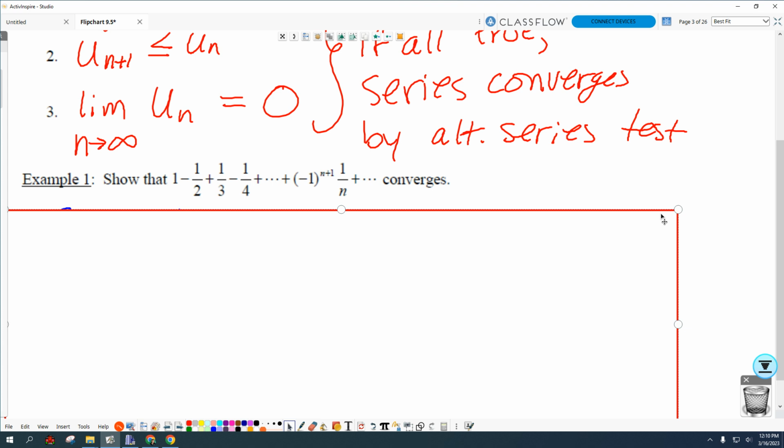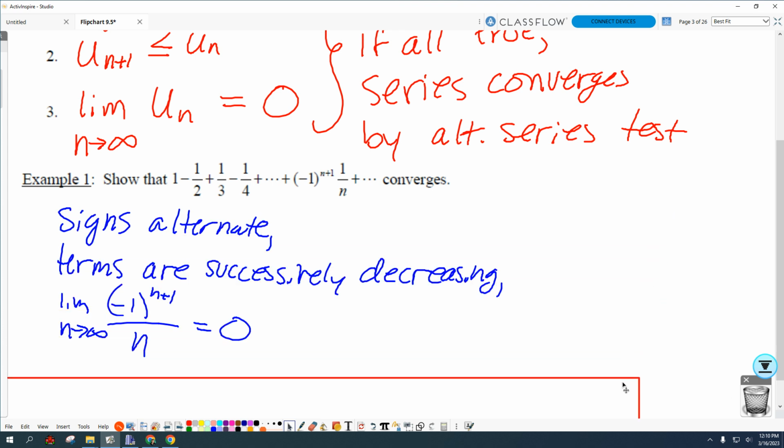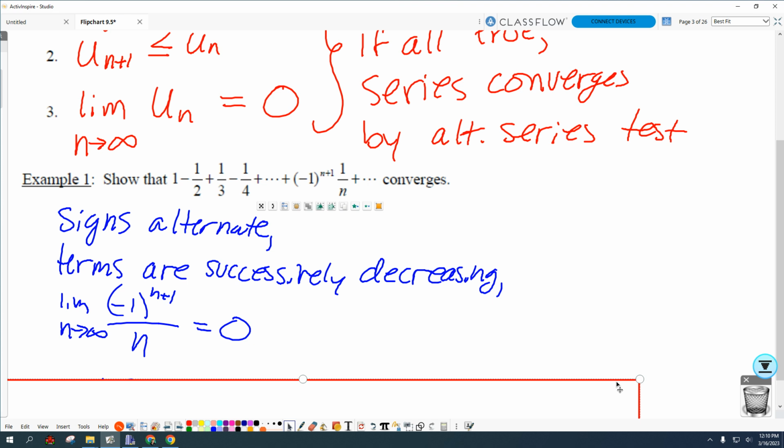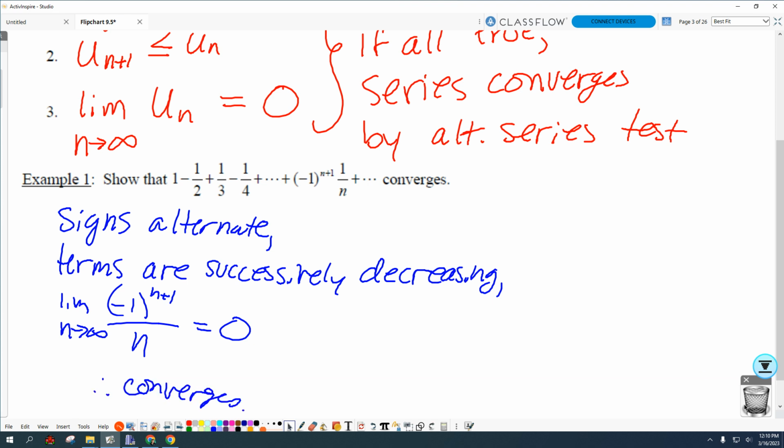Yes. So, because the signs alternate, the terms are getting smaller as we go along. The nth term does eventually go to 0, which is not conclusive as an nth term test. It's like, I don't know. But if all 3 of these things are true, then you say, oh, well, this converges.